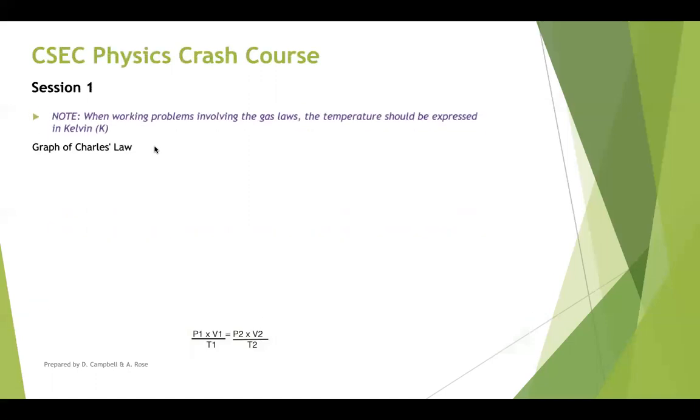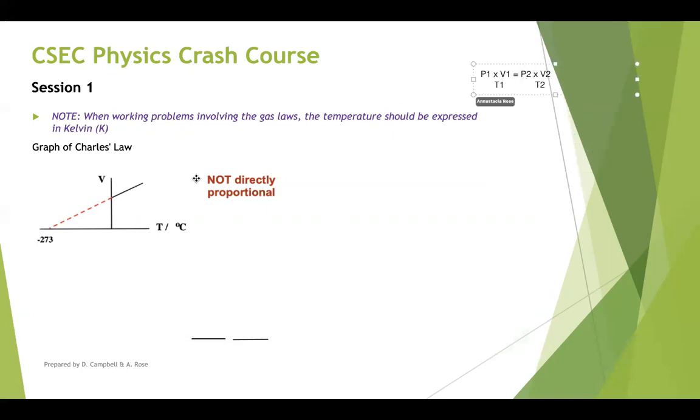All right, so we're going to be looking at the graphs of Charles' law and the pressure law, sorry. Now note that, of course, when we work problems involving the gas laws, the temperatures must be expressed in Kelvin. And this is because if, for instance, we're looking at Charles' law and you plot a graph of volume against temperature in degrees Celsius, you notice that the line that you get does not show direct proportion.